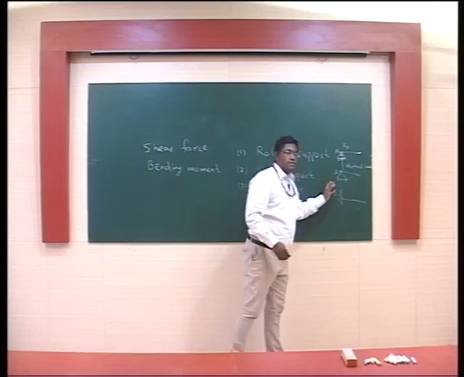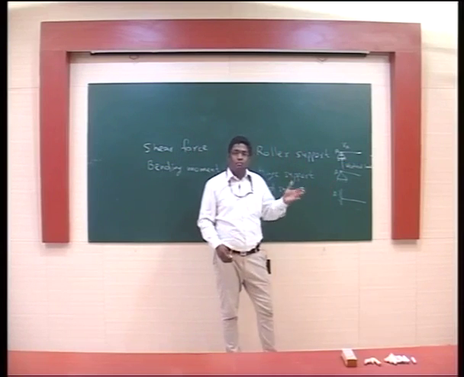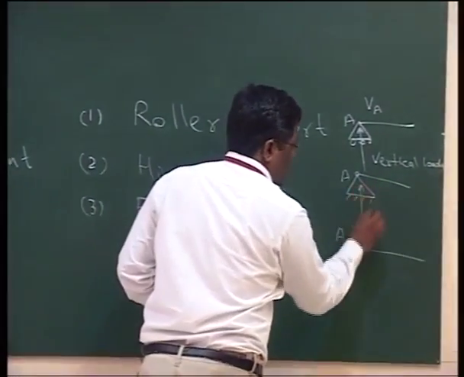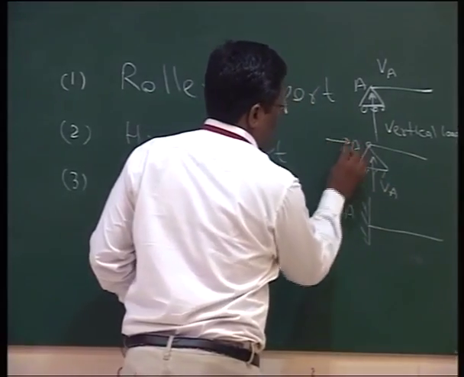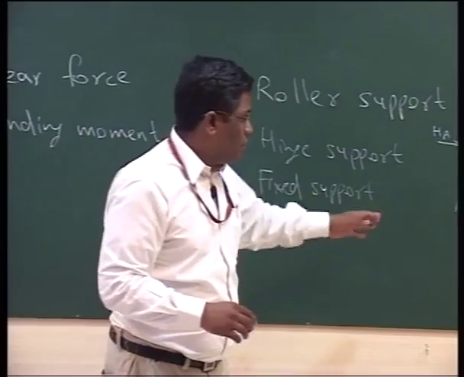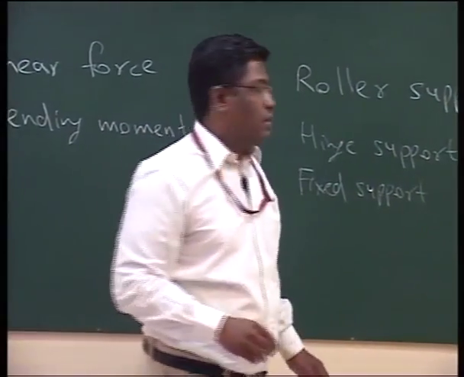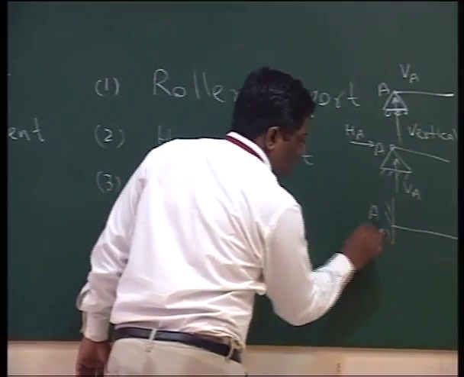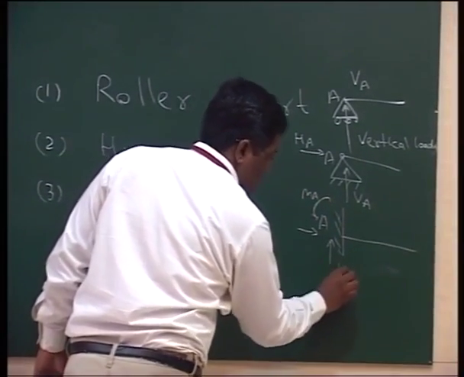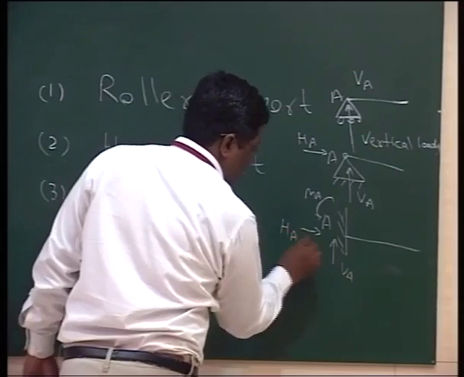Now we talk about the hinge support. Hinge support gives both vertical and horizontal reactions because the translation movement is always restricted in case of hinge support. But if we talk about the fixed support, it gives three things. The first one, as we know, is vertical reaction.